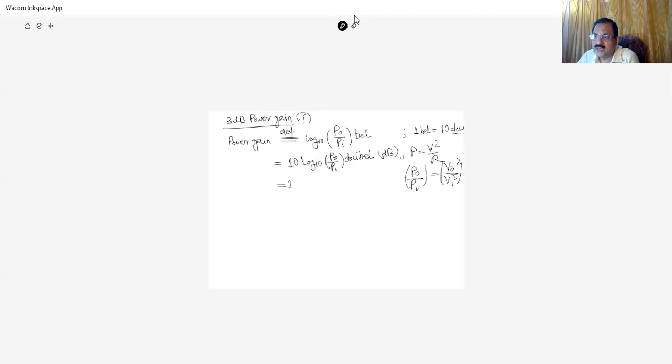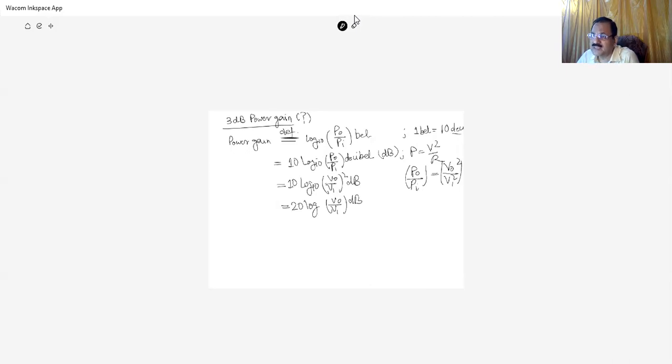Substituting this value, 10 log 10 of (V0 upon Vi) squared dB. So this is 20 log V0 upon Vi dB. This is the power gain.